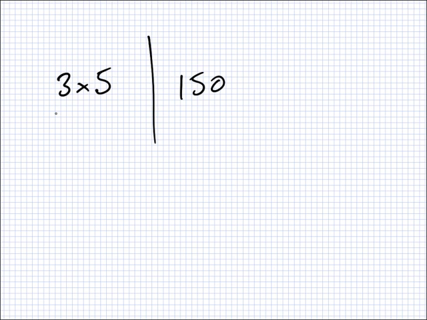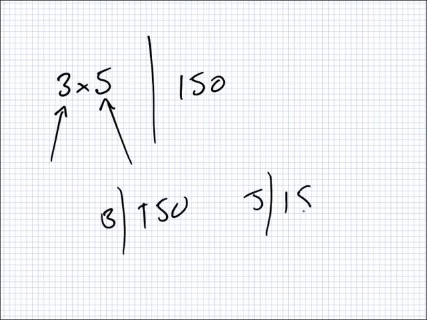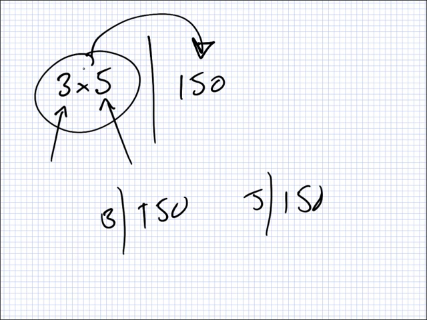My question is, do 3 and 5 separately divide into 150? Does 3 divide into 150, and does 5? What I was trying to show you in my little proof is that this is always true. If you have two things that multiply and divide into something, then individually they each do.